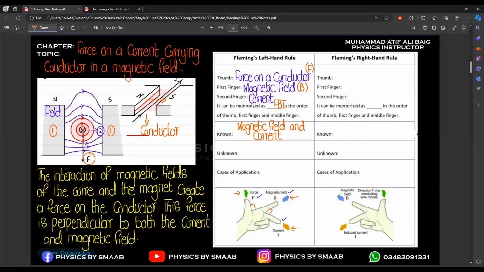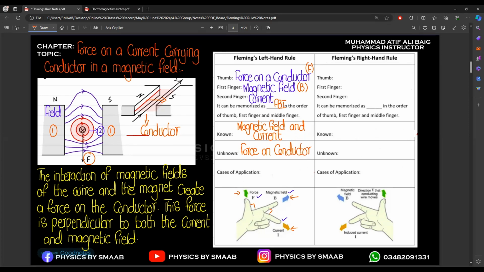And for the unknown quantity, we have force, because we derive force from this concept or from this diagram. So force is the unknown quantity.